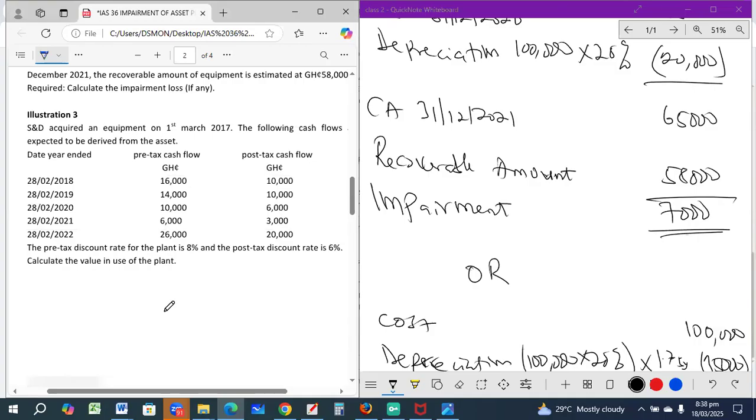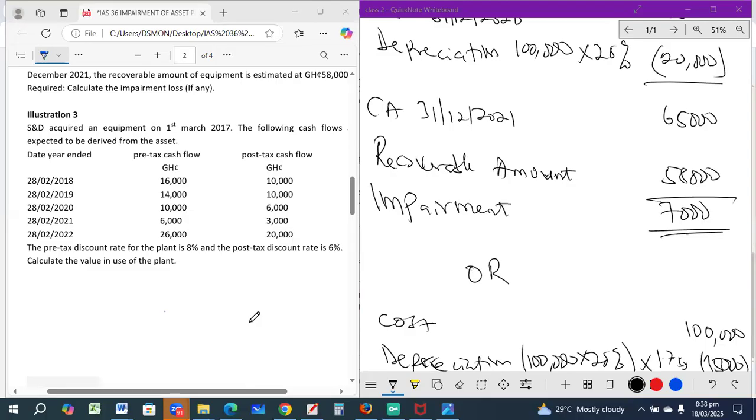All right, so we said that the discount rate to use in respect of an impairment should be the pre-tax rate. Now, S&D acquired an equipment on 1st March 2017. The following cash flows expected to be derived from the asset are as follows. We have the year, the pre-tax cash flow, and then the post-tax cash flow. Now we're given the cash flows, so which one are we going to use?